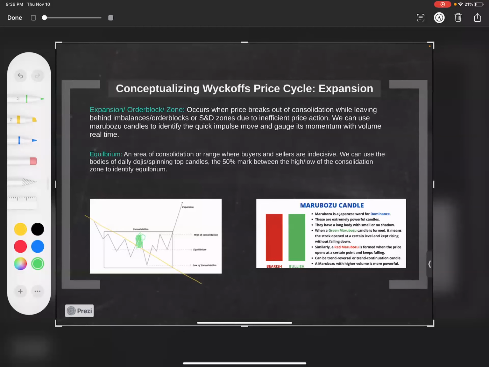Now I'm looking for liquidity to get engineered for the upside, equal highs. Now, once those equal highs get taken out, that's when I like to wait for a retracement, targeting some internal liquidity at the most recent demand zone before modeling the next trade to the upside.